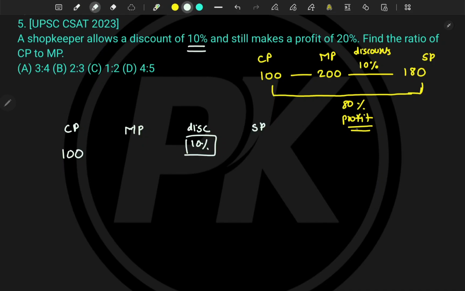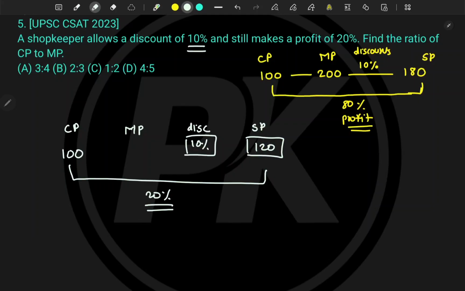Still he makes a profit of 20 percentage. That means on cost price he made a profit of 20 percentage. That means he must have sold that particular item at 120 rupees. So that is clear, and that's how he made 20 percentage profit, right?